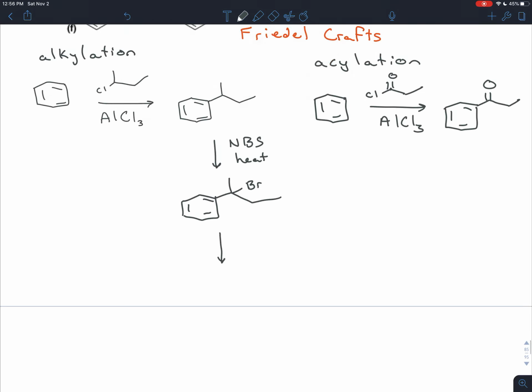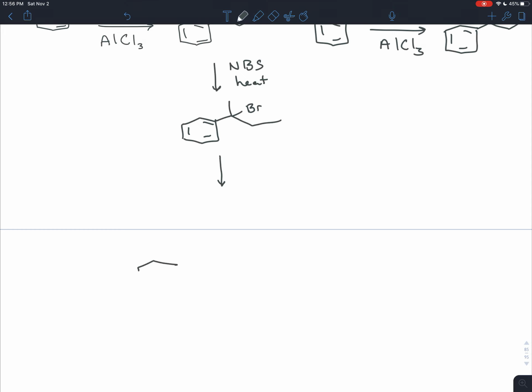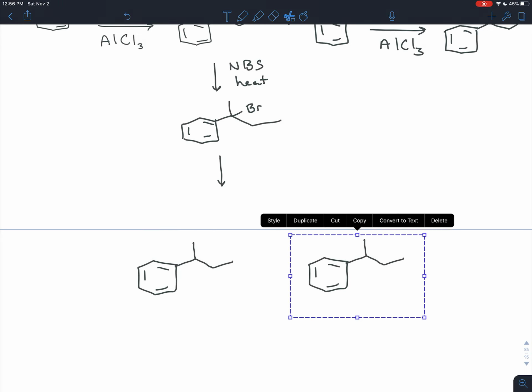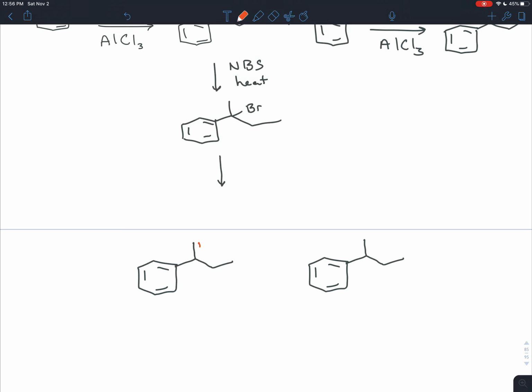Let's draw the two possibilities. You could either have a double bond form going up, that's what we want, or you could have it form going to the right, which is what you don't want. Notice that this one is less substituted.